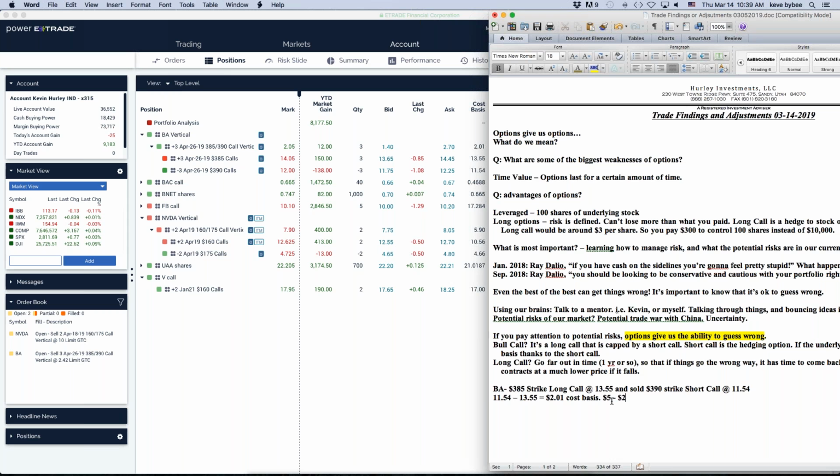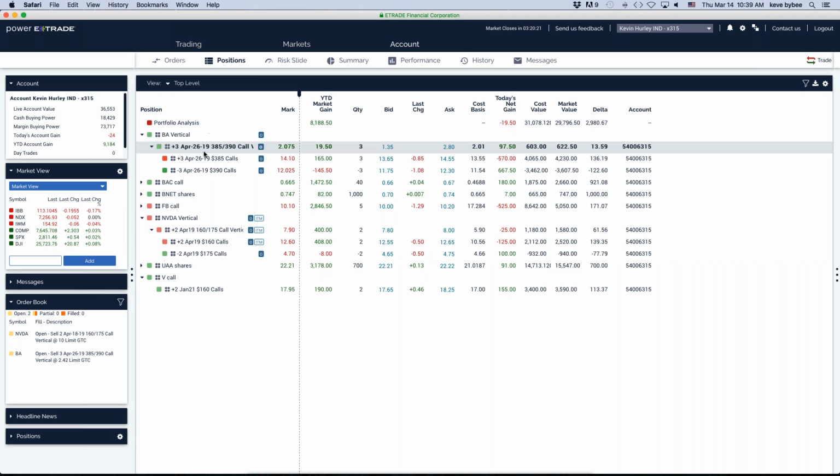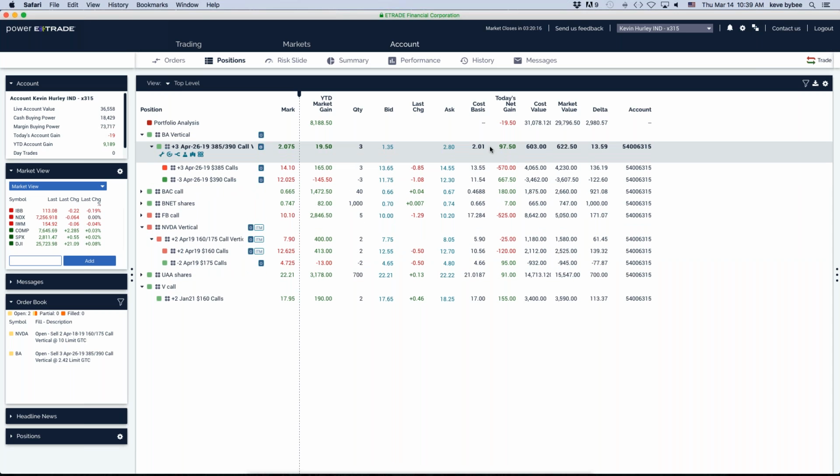I'll just say 2 because 1 cent's kind of silly. Equals $3 of potential profit. Right now, net gain 97.50, just up a few cents.